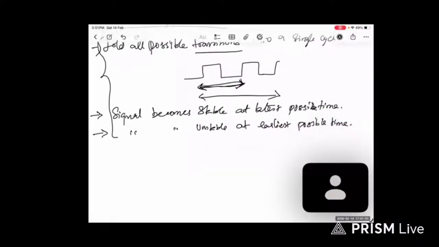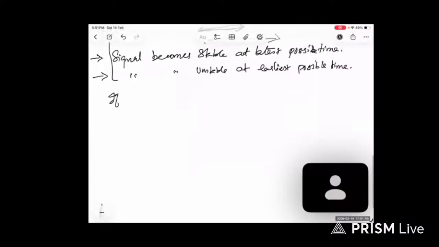So I'll write it down here. If the design works at these extremes, we can guarantee it always will.